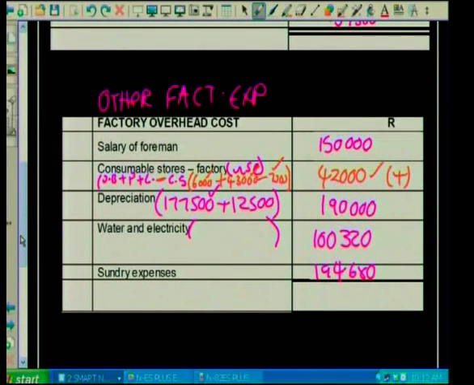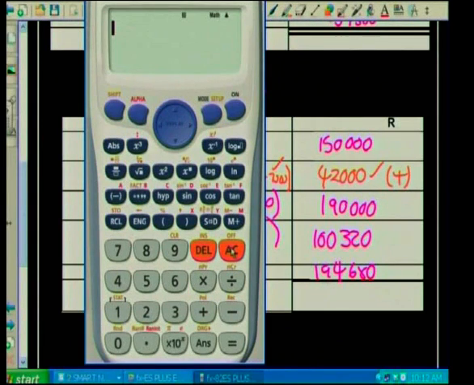Okay, guys. Right, almost done with my factory overhead costs. All I've got to do now is add up. I need to total. So let's get those calculators out. So we've got 150,000 plus my 42,000 plus 190,000. And then I'm adding 100,320.